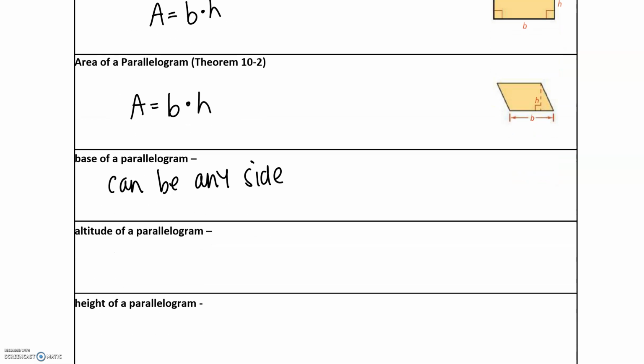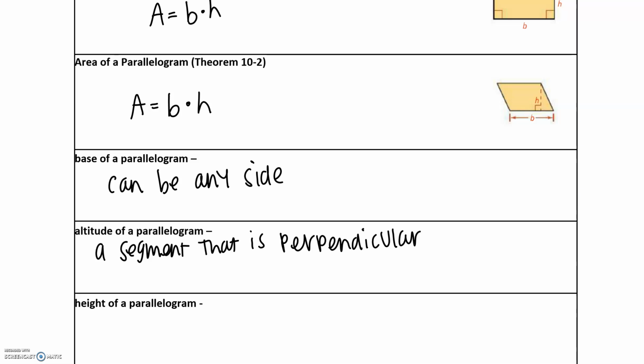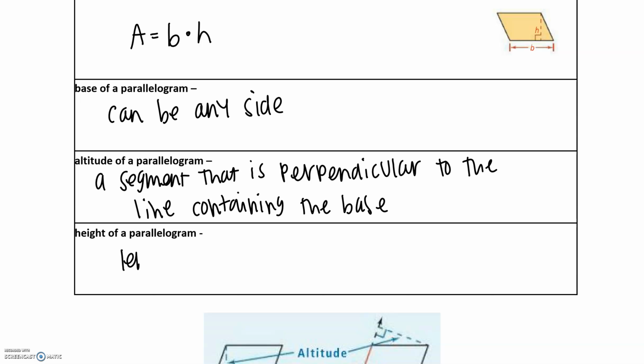The altitude of the parallelogram is going to be the segment that is perpendicular to the line containing the base. Okay? And the height of the parallelogram is just the length of that altitude.